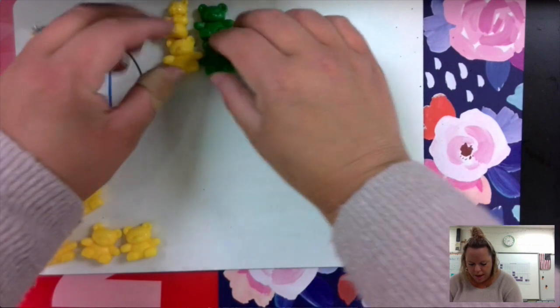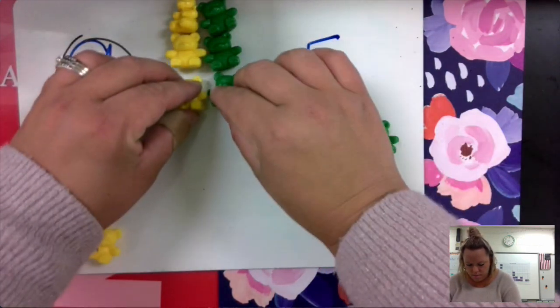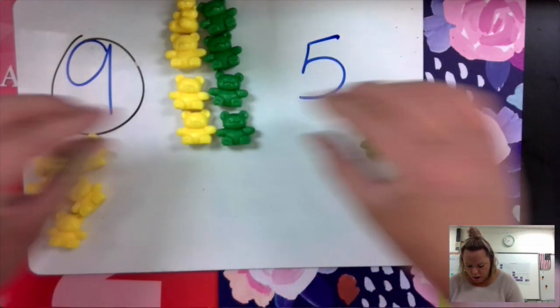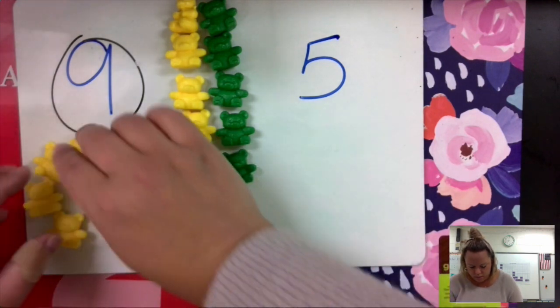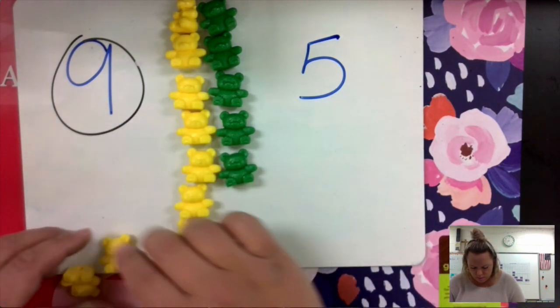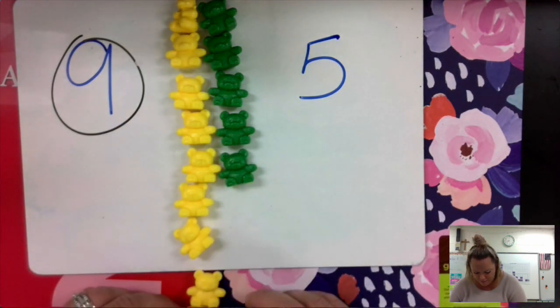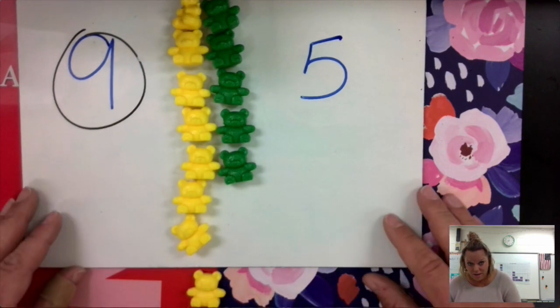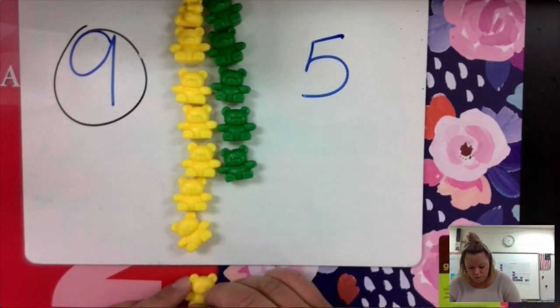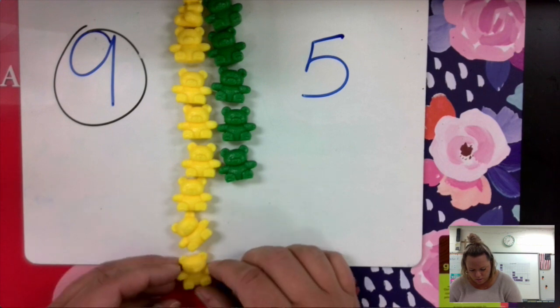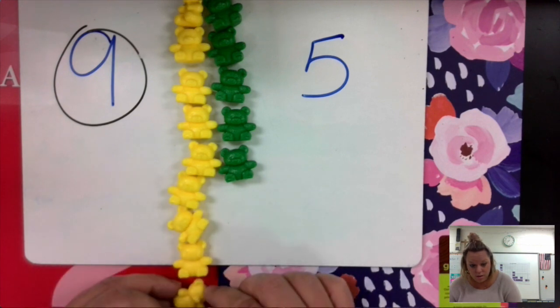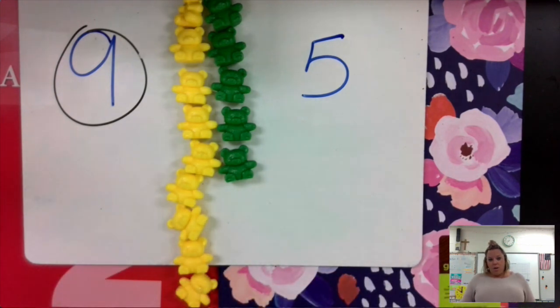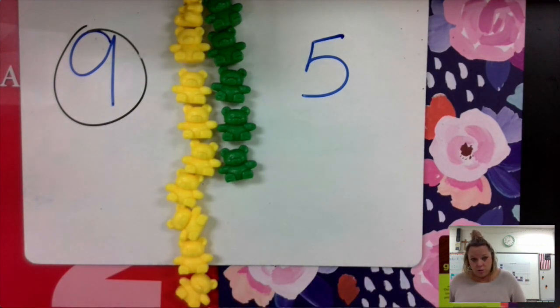I can make myself a line of bears. My line's going to go off my little board here, and that's okay. So we want to know how much more 9 is than 5, how much greater.